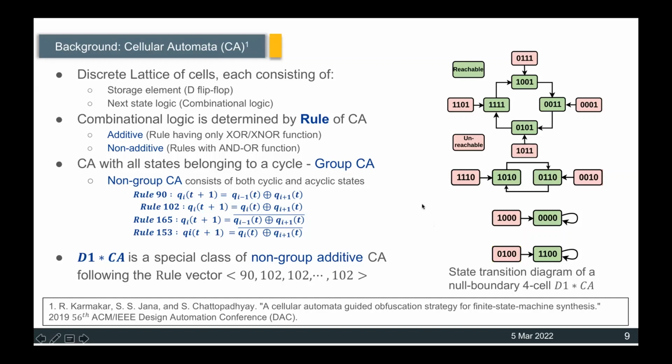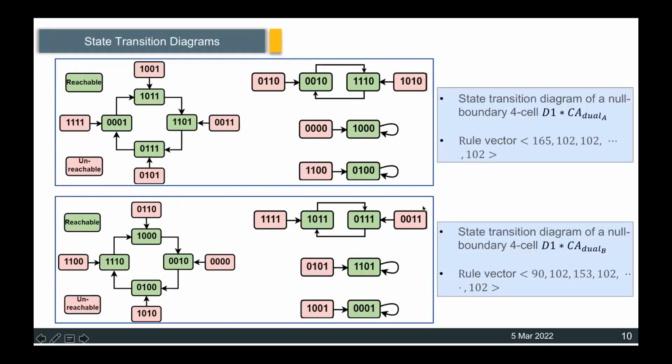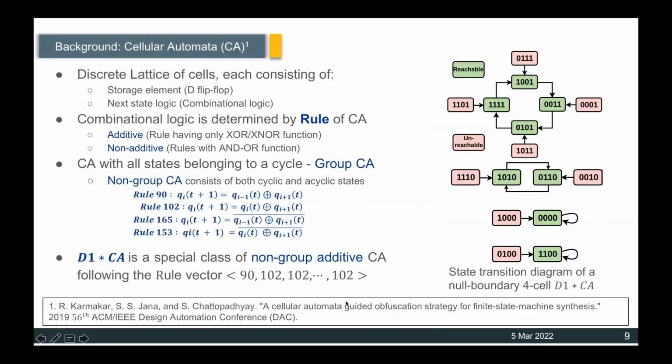Likewise, there are different variants of the D1* CA, which are called the D1* CA dual, where you change the first rule from 90 to 165. 165 is nothing but the rule where you do an XNOR on the left and the right cells.